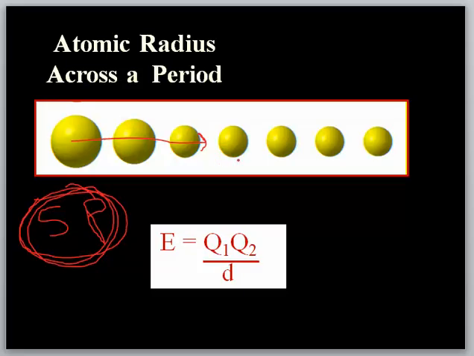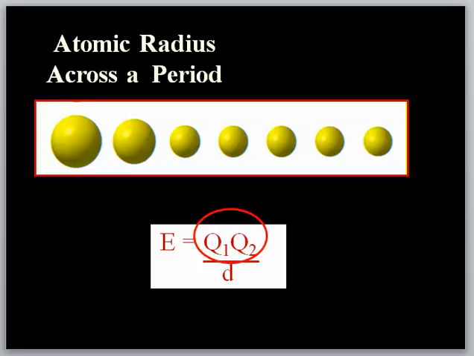But as you move across, you get tremendously greater pull because you have more protons in your nucleus. So it's the increase of those protons that pull the electrons that are no further away closer to you. So in Coulomb's law, that's this part of the equation, the charge difference, the increase in that nuclear charge.